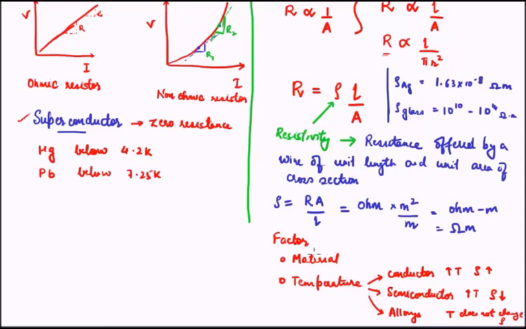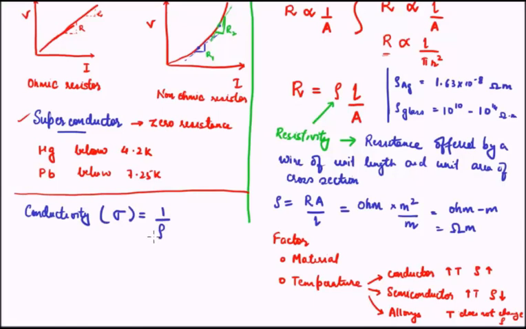Fine. So we have seen the material property, we have seen the temperature property. Now let's touch upon another concept which is parallel to resistance, conductance. Since there is a resistivity, there ought to be a factor called conductivity. Basically, conductivity is the opposite of resistivity, and conductivity is denoted by sigma, which is equal to 1 upon rho.